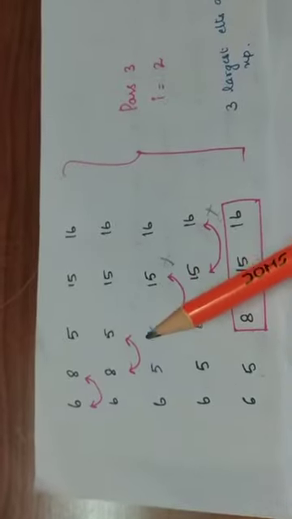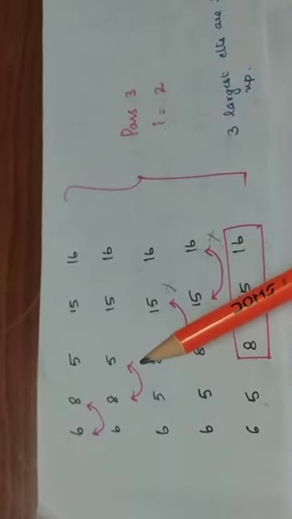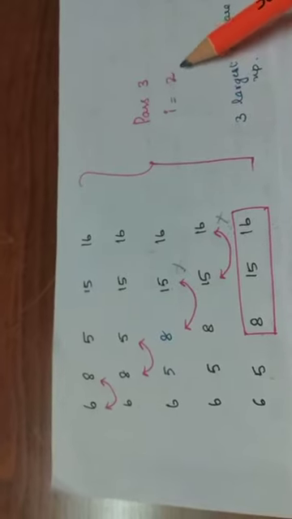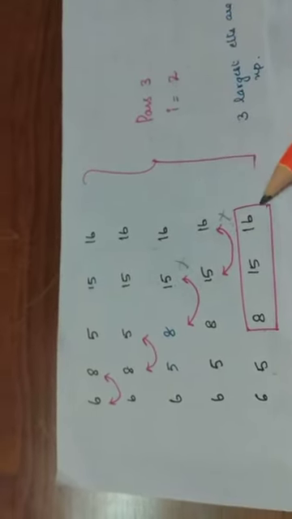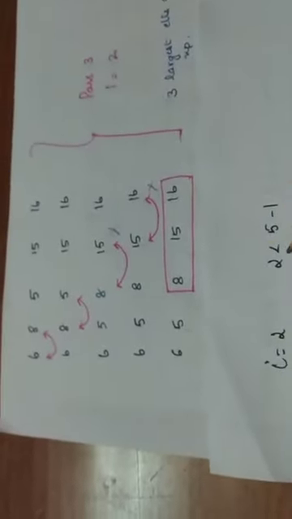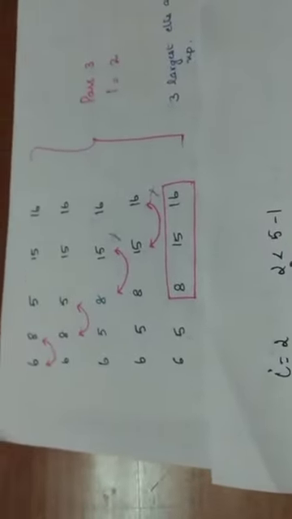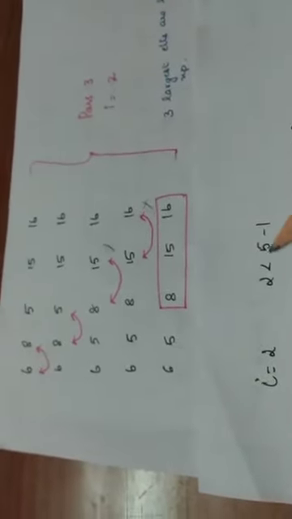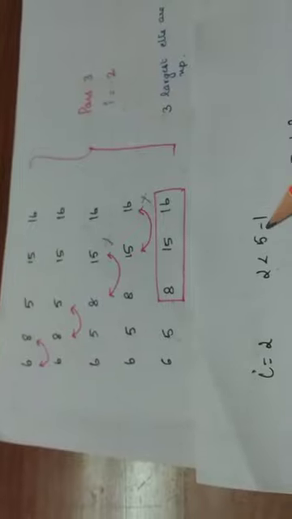So let's check the code that we have written. We are taking pass 3, that is i equal to 2. When I take i equal to 2, let us see how the number of comparisons is reduced. So when i is equal to 2, I check whether i is less than n minus 1, that is 5 minus 1. Yes, it is true.